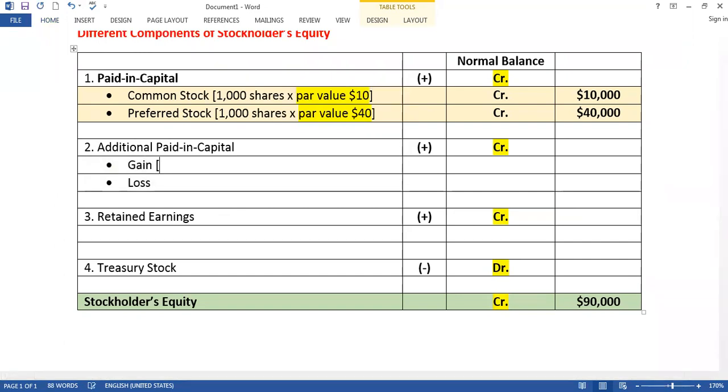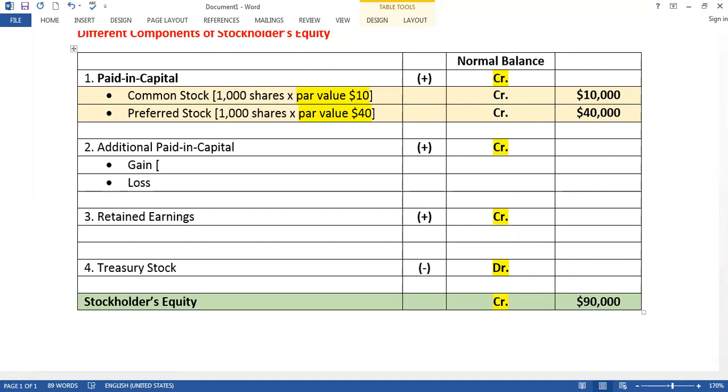So can you remember our long-term liability? We sell our bond with premium, we sell our bond with discount. Can you remember? So if you sell at a premium, is it your gain or loss? If you sell your bond with premium, it is gain or loss? Gain, right?